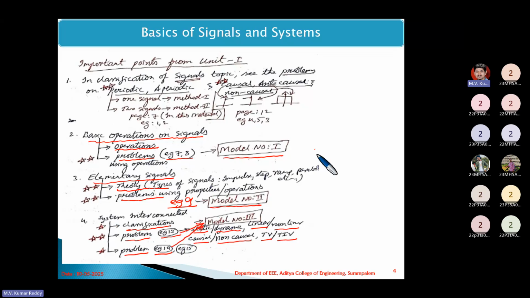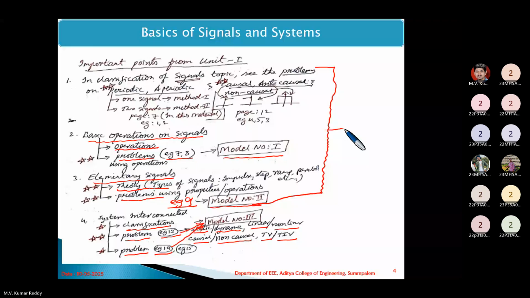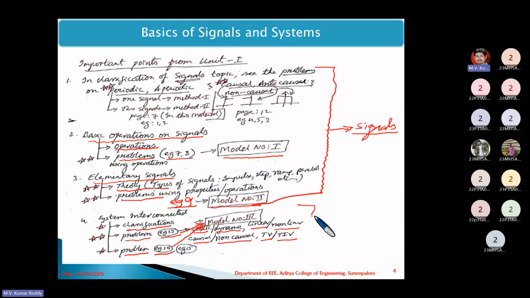Okay. So now see here, one difference: up to here, that is up to model 2, these all belong to signals, whereas this portion belongs to systems.